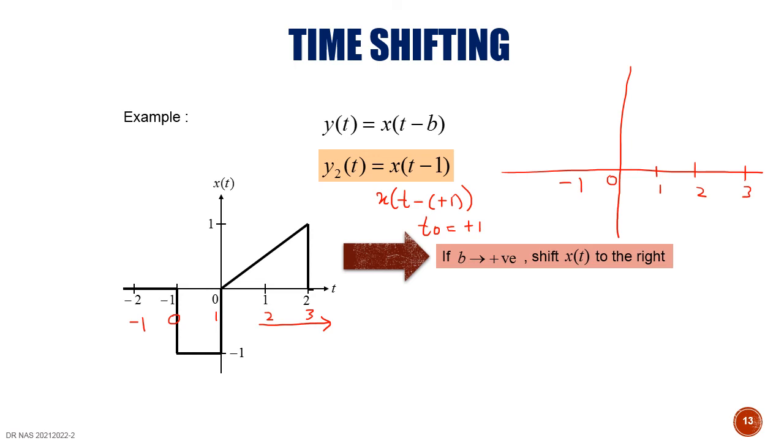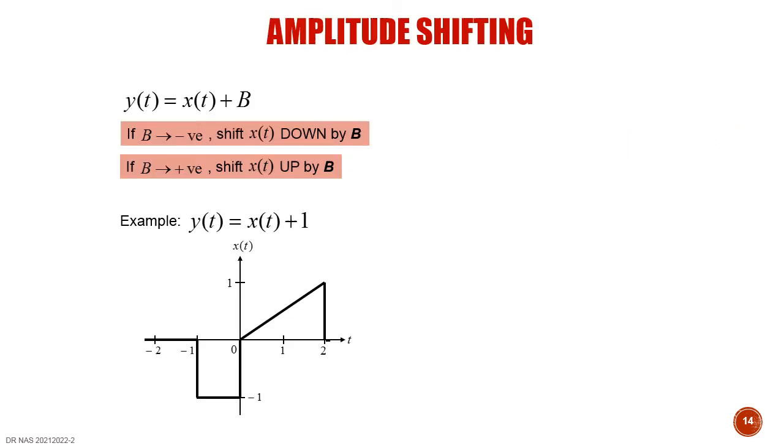So 0 becomes 1, and then going down, this one comes here. So the amplitude is the same, negative 1 and 1. So this is your new signal, the original signal shifted to the right by 1.